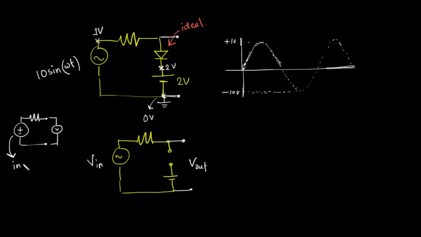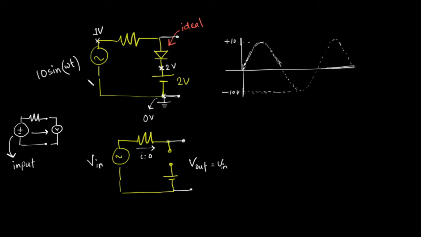Whatever voltage I put in the input, it will come directly to the output. Why? Because there is no current flowing in this circuit, so there is no voltage drop across this resistance. Because I is 0, V in will directly come to V out. V out equals V in.